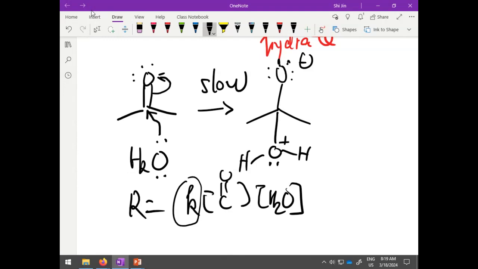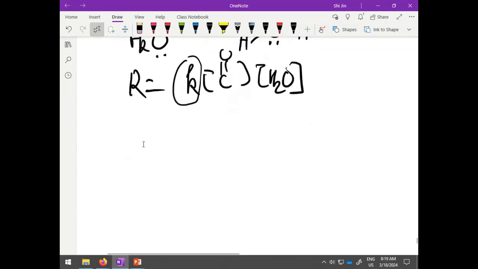The problem is, although this reaction is still relatively fast, water's nucleophilicity, if you recall what we learned in chapter 6, organic 1, water is not a great nucleophile. Water is typically classified as a weak nucleophile. If you check the nucleophilicity table, it's assigned a nucleophilicity of 1, a weak nucleophile. So this reaction is still reasonably fast.